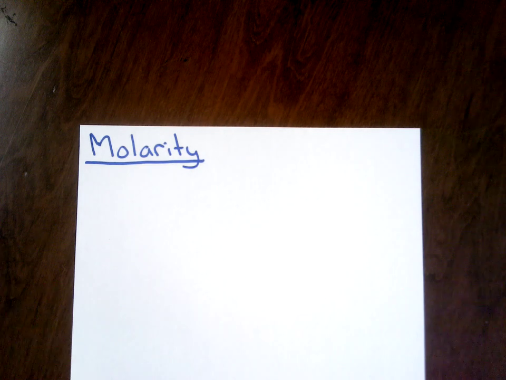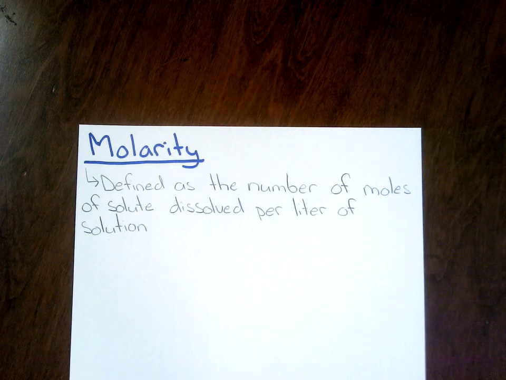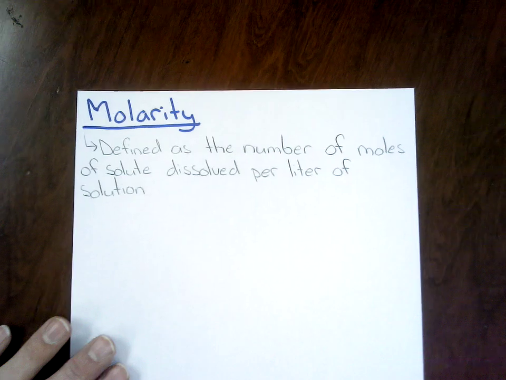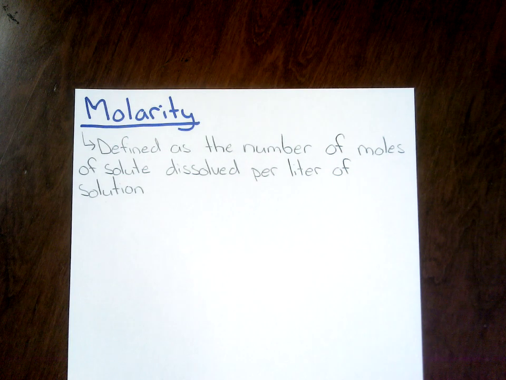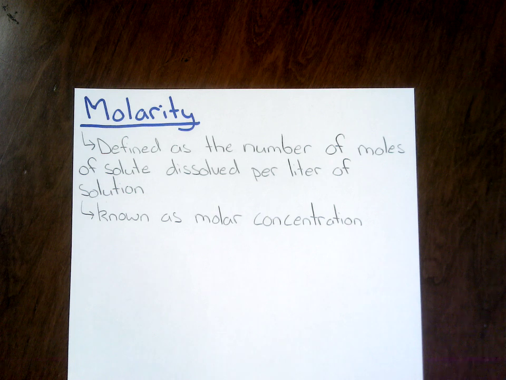So molarity is defined as the number of moles of solute dissolved per liter of solution. Now, when we talk about molarity, we refer to molarity as molar concentration. And I should note here that this is one of the most common units used when we're expressing concentration.